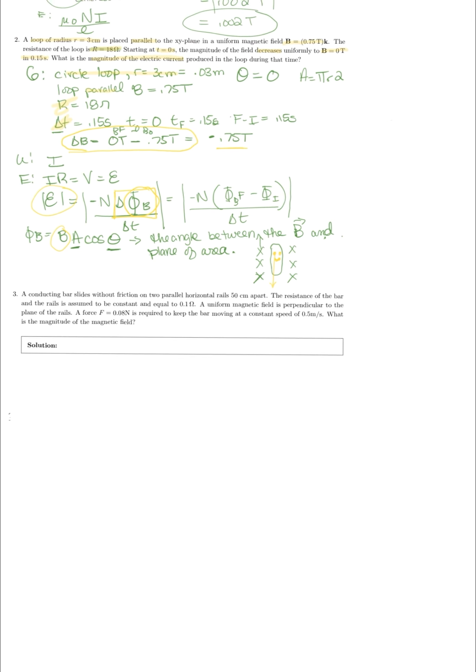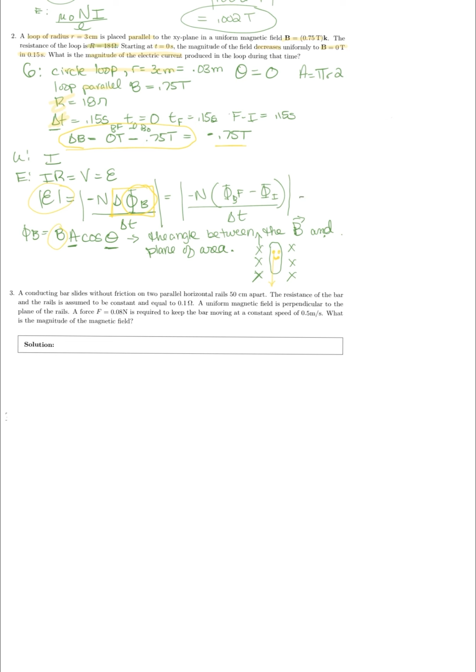We can say that this equals negative n, well, it's just 1, right? Because it says a loop. It doesn't say 2 loops, it's just 1. Negative 1. And this is a magnitude, so you could leave the negatives out, but I'm just going to leave it in so we can see something at the end.